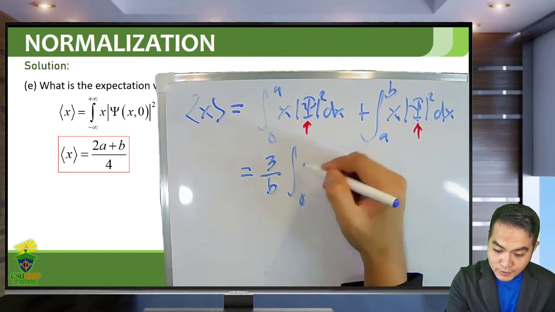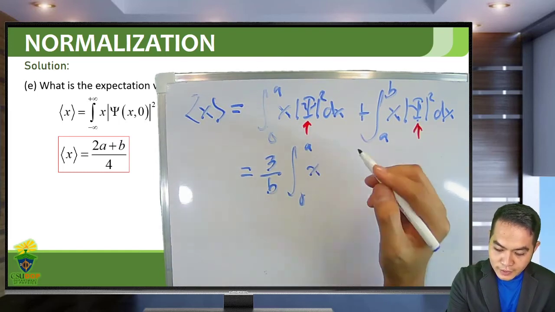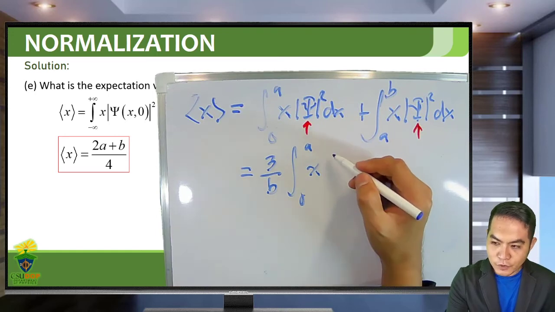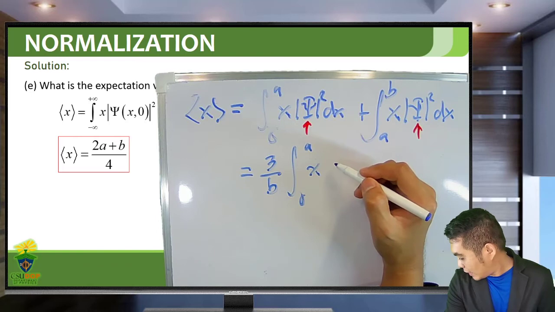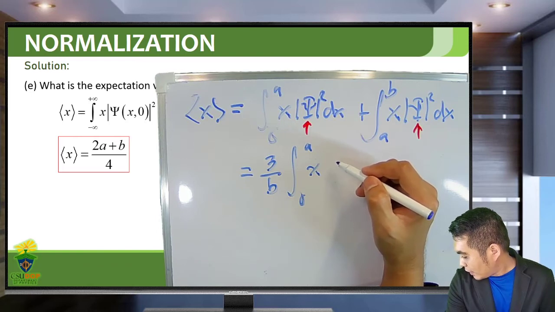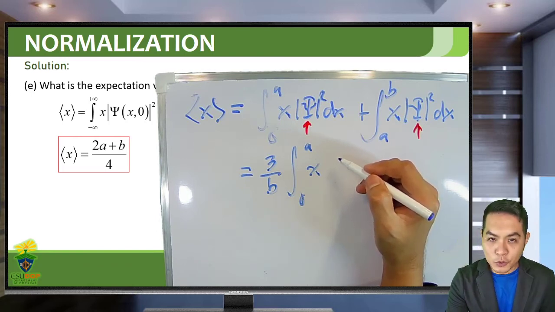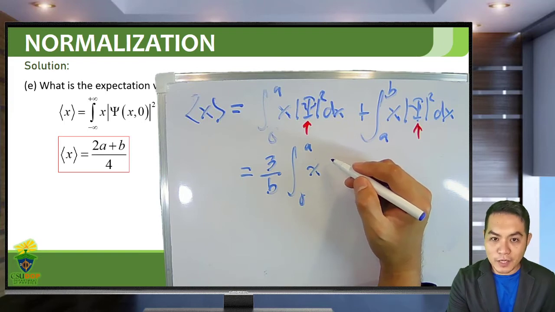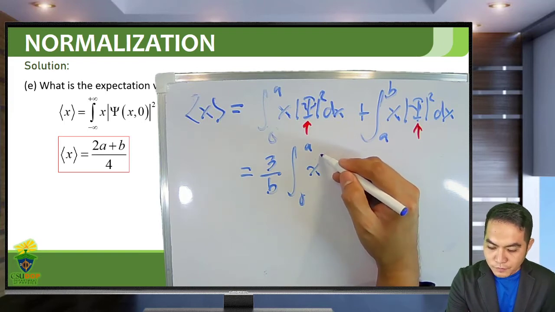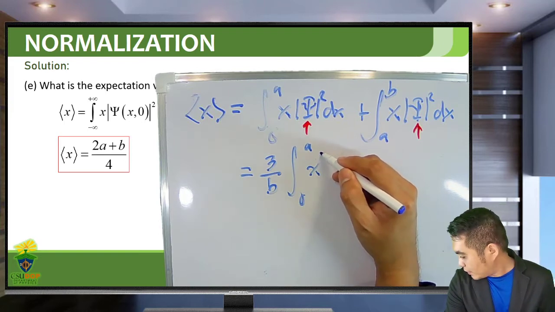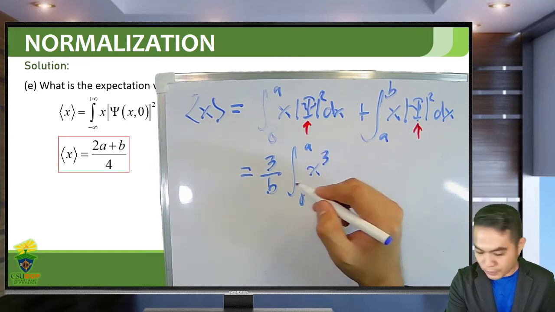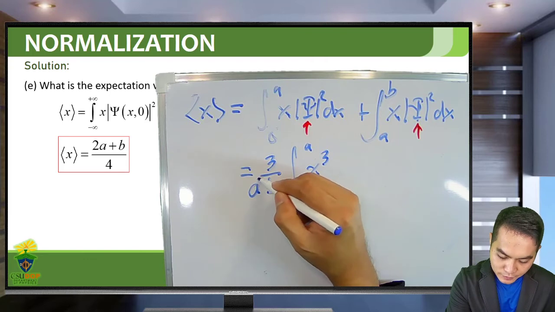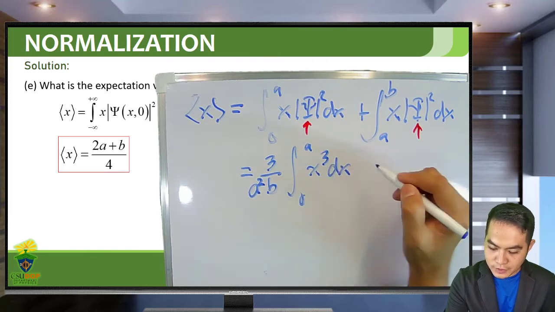So the integral from 0 to a of x, and then your wave function from 0 to a, if I'm not mistaken, is x over a. You square that, you will have x squared over a squared. So this will now become x cubed over a squared. I will just put the a here, the constants, dx.